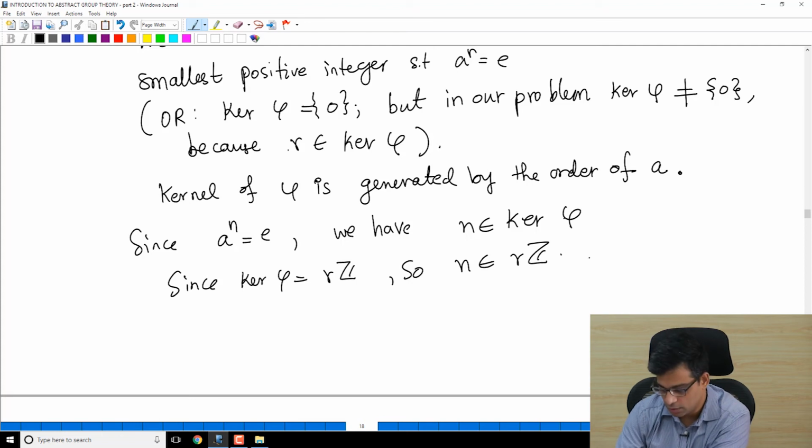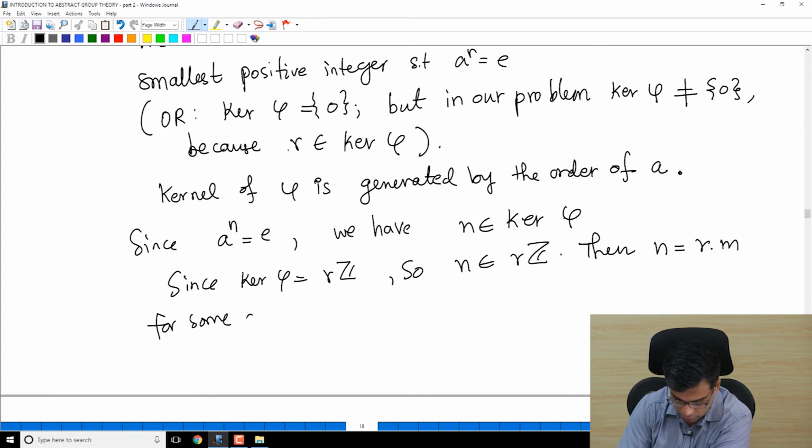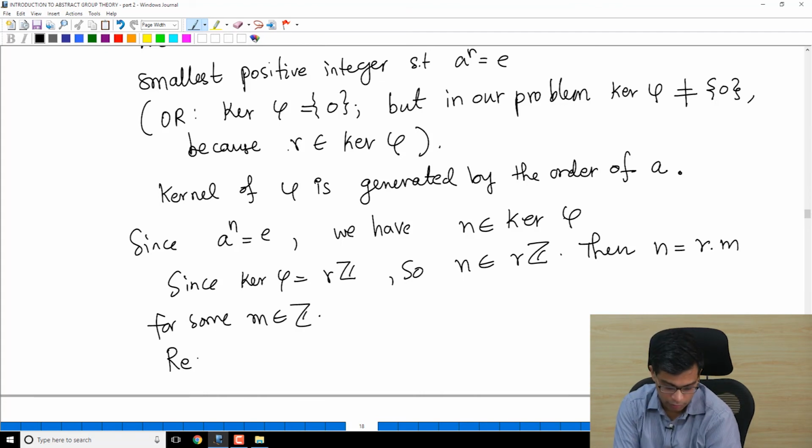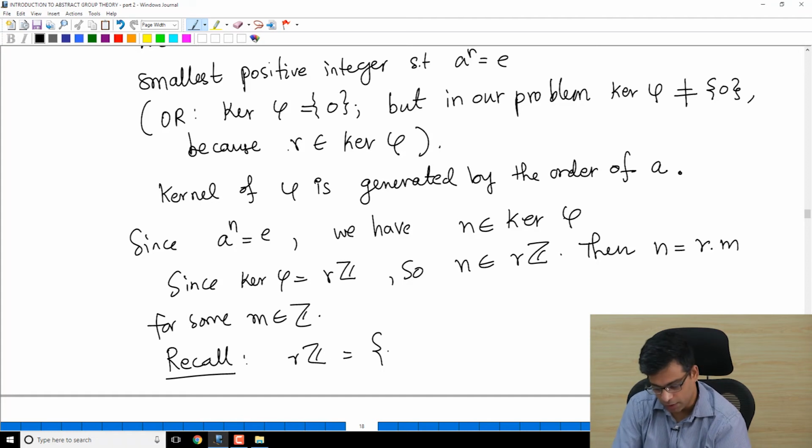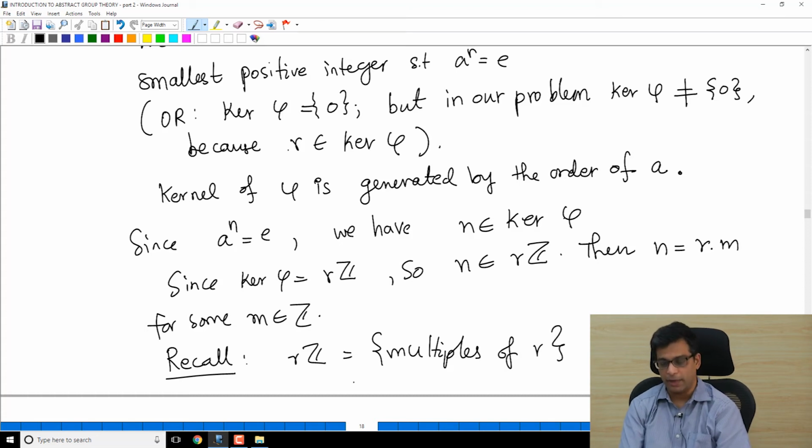What does this mean? Then n equals R times m for some m, right? Because recall, what is Rz? Rz is the set of multiples of R. It's R, 2R, 3R, minus 2R, minus 3R and so on.